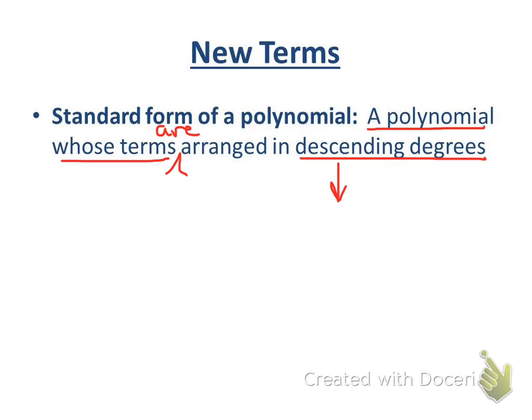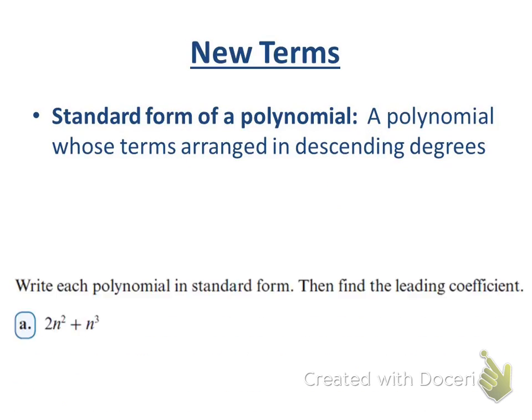So arranging polynomials in standard form is an important skill, so we can all be on the same page as to what the first term is, what the last term is. Because when you get to the rational root theorem in Algebra 2, advanced math, and college algebra, you need to know the first coefficient and the last term. The first term and the last term tell us a lot about the zeros, the solutions of that polynomial expression. So first and last terms are important.